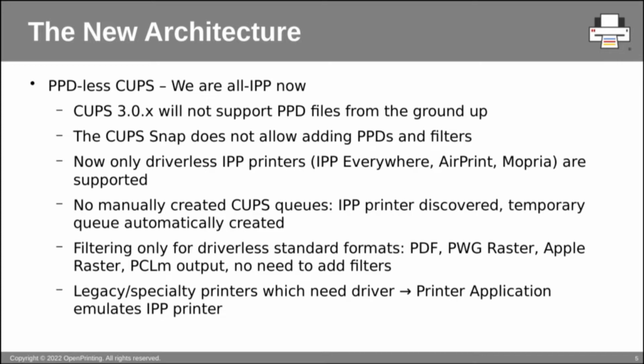So the new CUPS will not support that anymore. And filtering is only done to arrive at the driverless standard formats, because other formats are not needed anymore. And as I say, when the printer is not driverless, then we use a printer application.